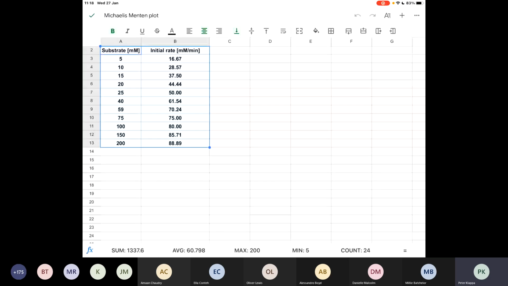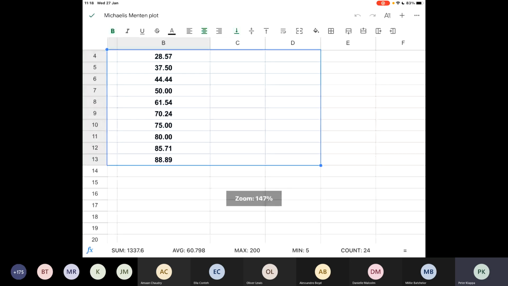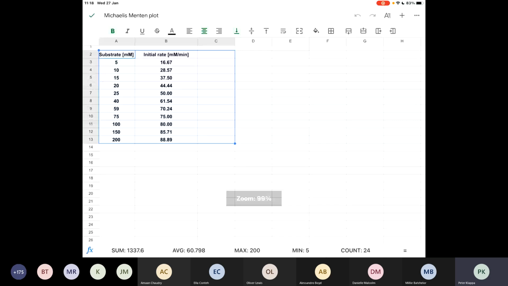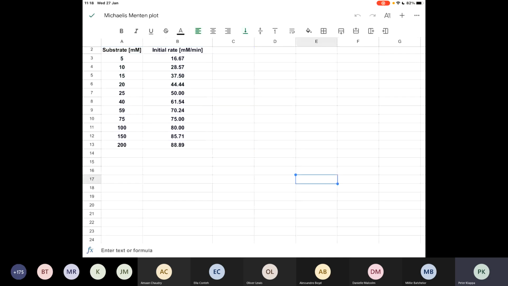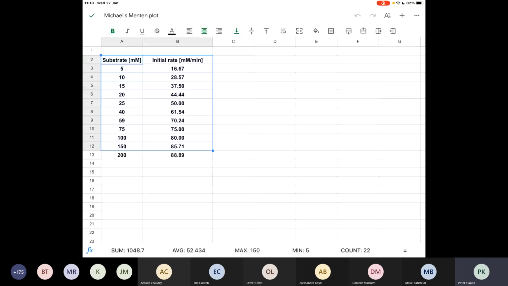So here I've done my enzyme reaction, if you like. I've got substrate here in column A, and in column B, I have my corresponding rates. Now let's see what this reaction actually looks like.